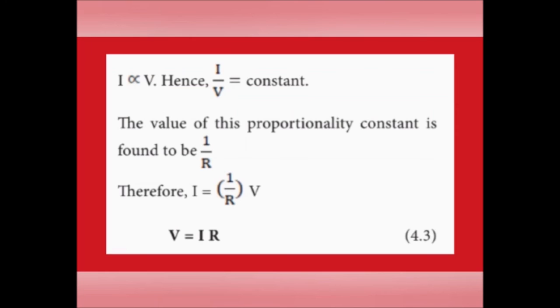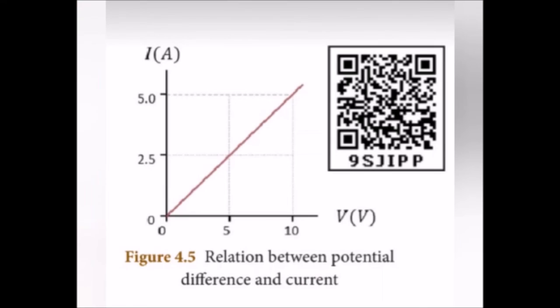Here R is constant at a given temperature, since the potential difference V is proportional to current I. If we plot the graph between potential difference V and current I, we get a straight line for the conductor. This is the relation between potential difference and current explained by Ohm's law.